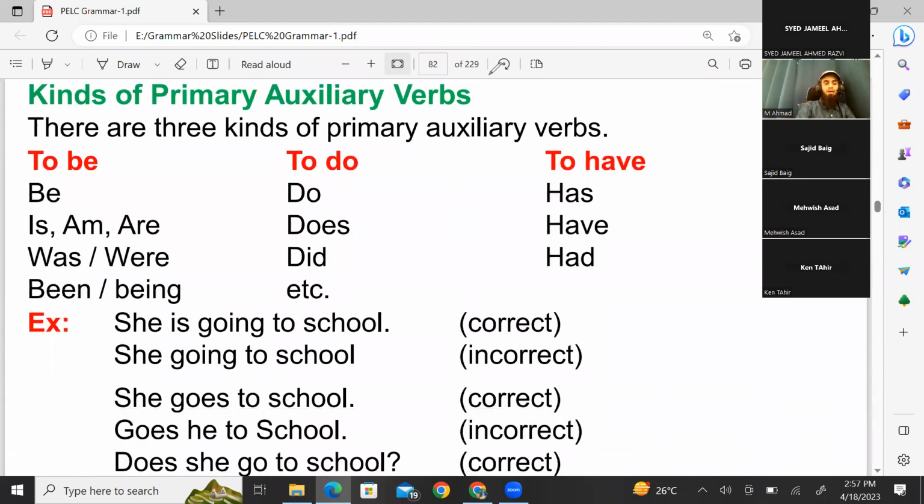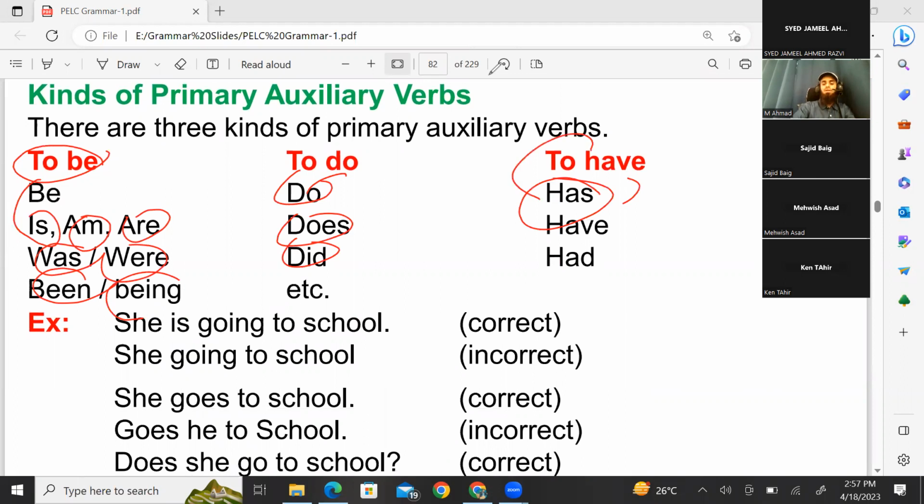Furthermore, right? The to be words, where we have is, am, are, was, were, being. The to do verbs start with do: do, does, did. The to have verbs start with H: have, has, had. Right? She is going to school. She going to school, incorrect.